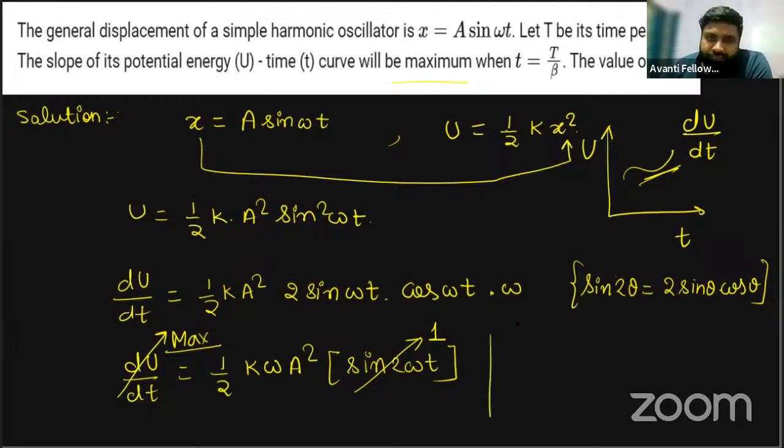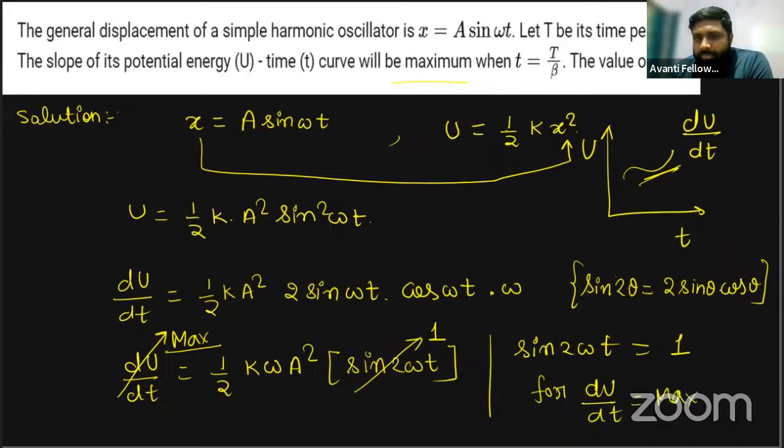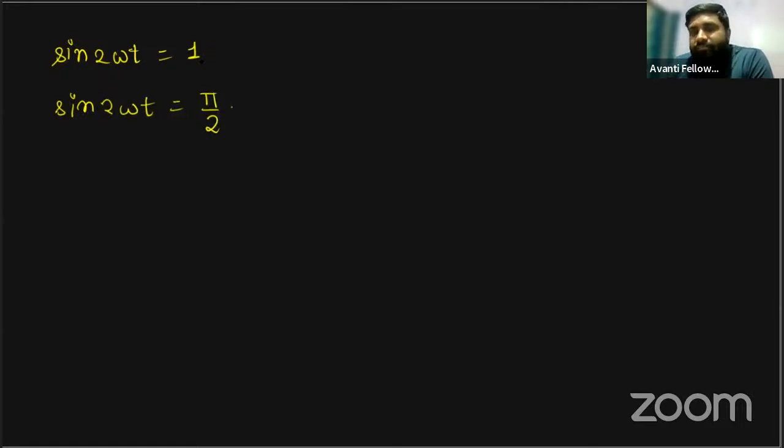So we can say that sin 2 omega t should be equal to 1 for dU by dt to be maximum. Now sin 2 omega t equals 1. Sin theta is equal to 1, which means theta is pi by 2.